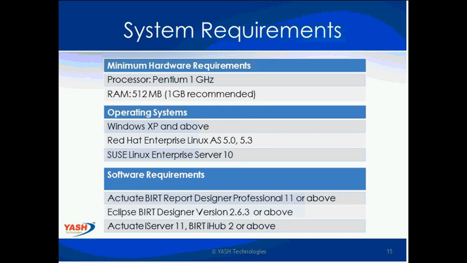For operating systems, it works on Windows XP or above, Red Hat Linux and SUSE Linux. For software requirements, it works with Actuate BIRT Report Designer Professional 11 or above, or Eclipse BIRT Report Designer version 2.6.3 or above. And the connector is also available for Actuate iServer 11 and BIRT iHub 2 or above.